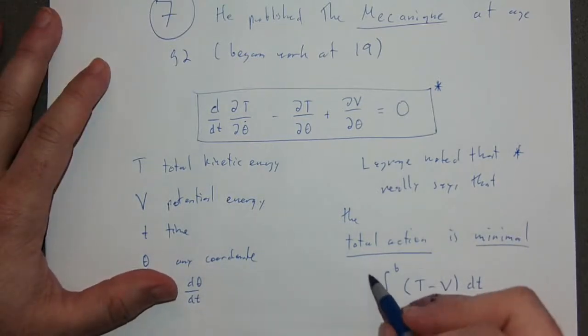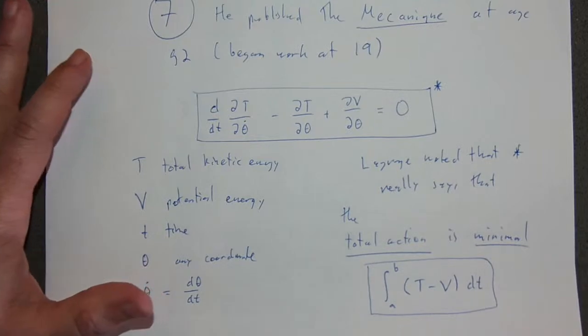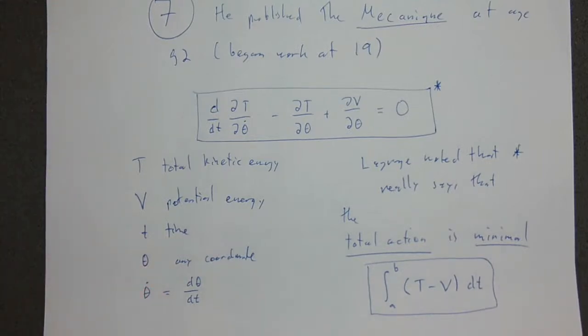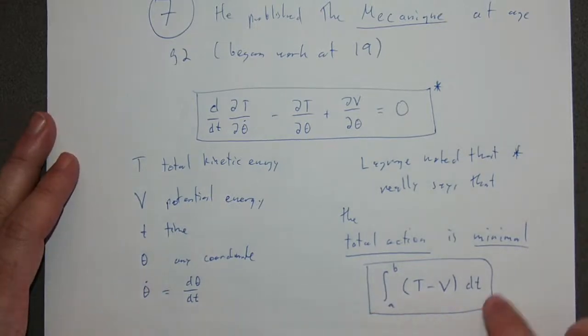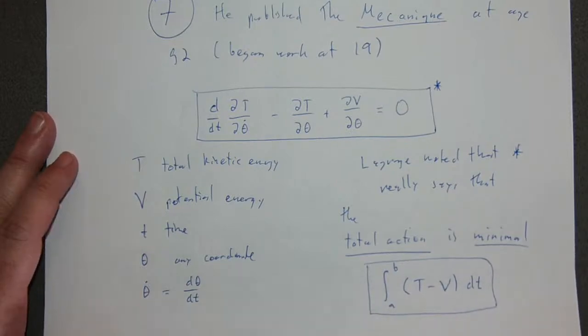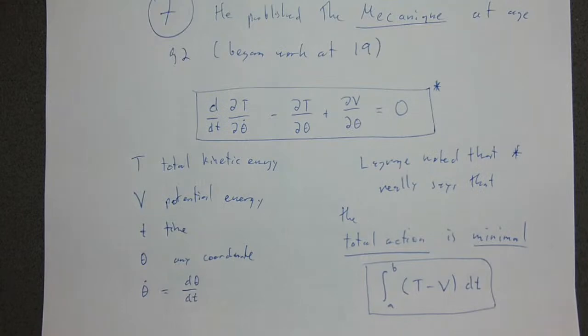What does it mean for a thing like this to be minimal? Well, to talk about a quantity like this and minimizing it takes something beyond just calculus. One of the things that calculus is concerned with is minimizing or maximizing, finding extreme values, finding optimizations of functions. But look at this thing.